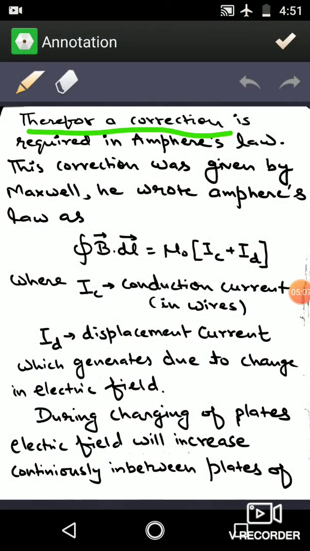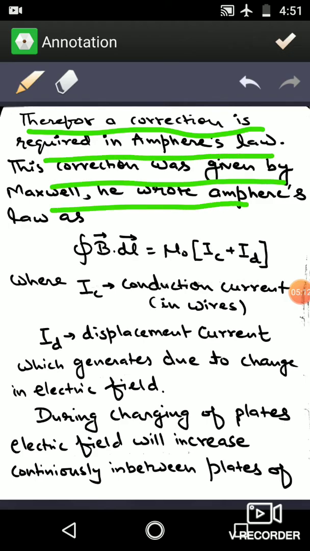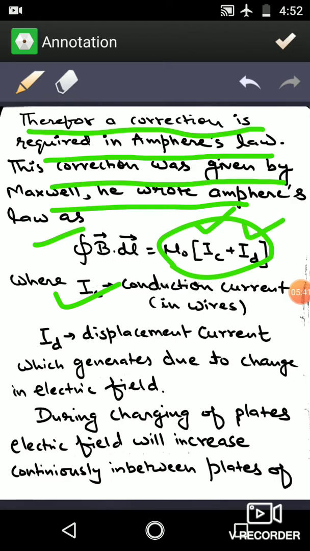Therefore, a correction is required in Ampere's law. This correction was given by Maxwell. He wrote Ampere's law as the integration along a closed curve of B dot dl, which according to Maxwell should be equal to mu naught multiplied by IC plus ID, where IC is the conduction current which flows in the wires, and ID is the displacement current.